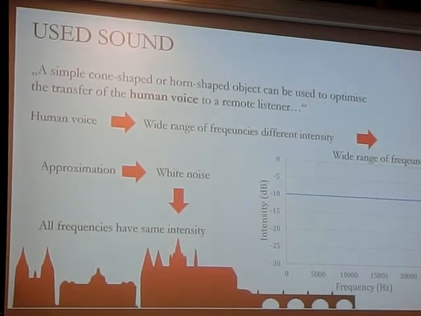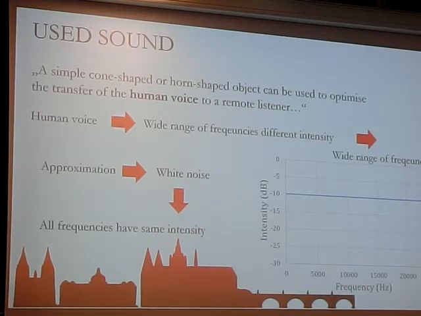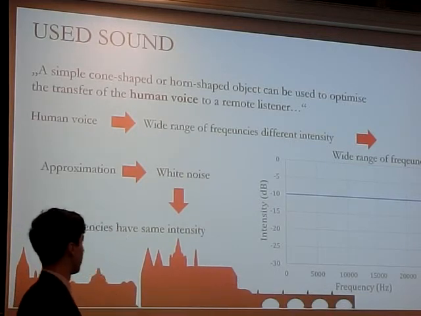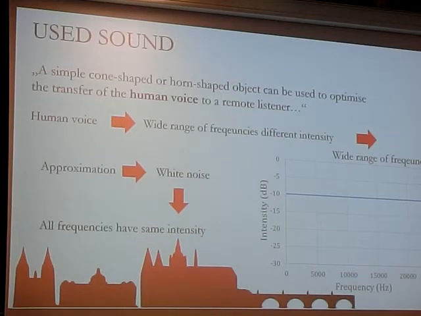As a sound, a simple cone-shaped, horn-shaped object can be used to optimize the transmission of the human voice to the remote listener. We actually thought about what the human voice is made of, and we've approximated it with white noise by the frequency of the human sound, such that we can get an idea of what is going on with different voices.